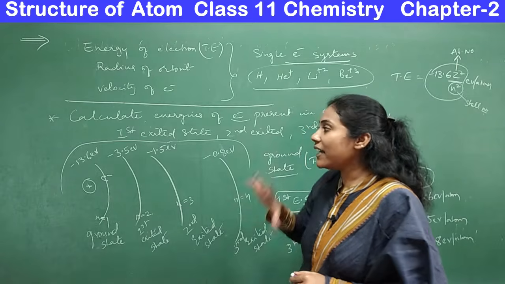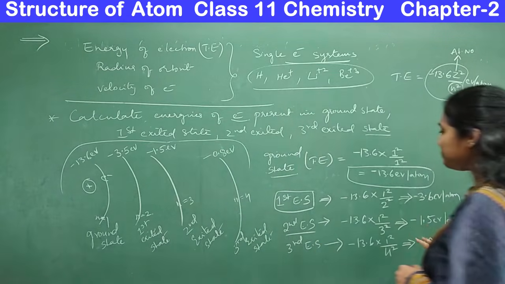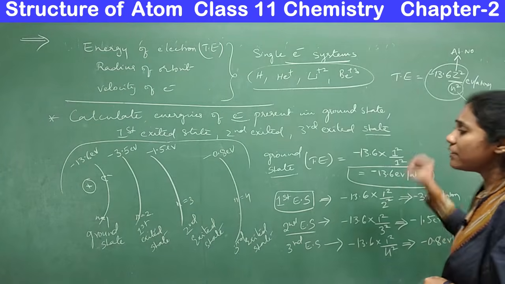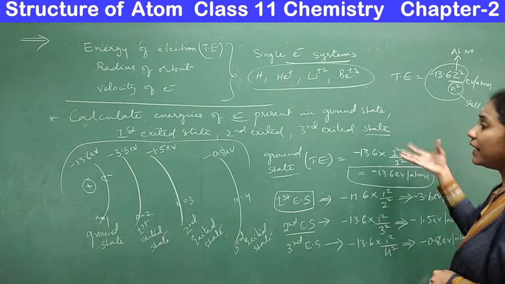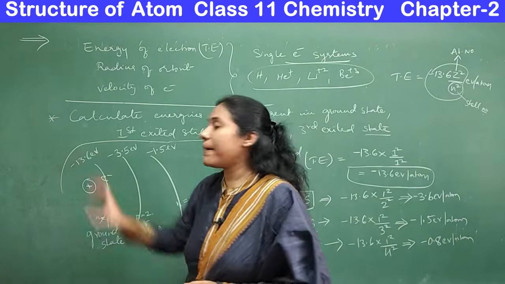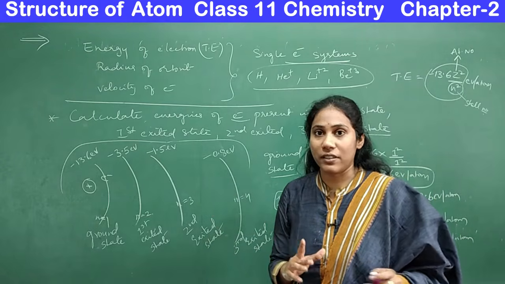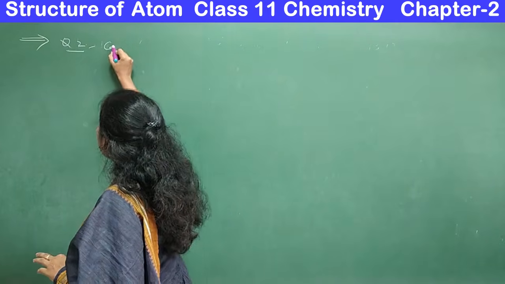Okay, so now I will go for one more question. See, this is a very basic question. So you can use this formula to calculate. Especially for the hydrogen atom, it is better to remember these values. Now let's go for one more question. Look at this question, guys.